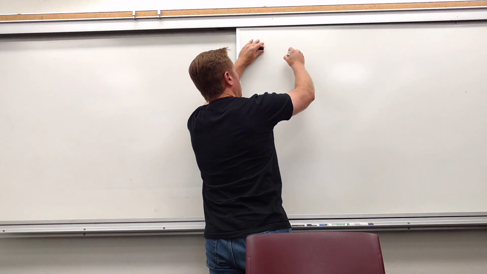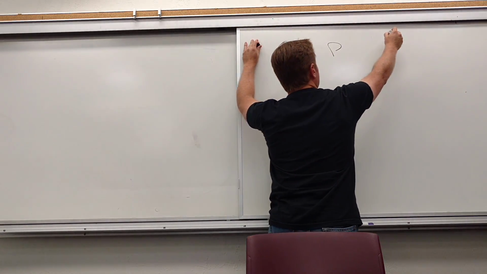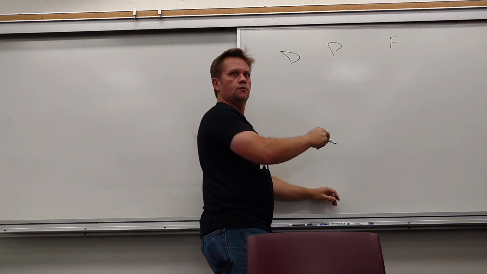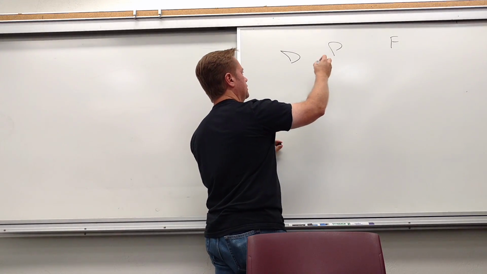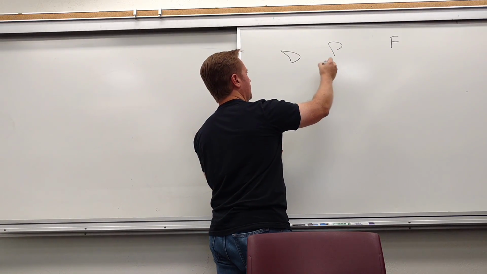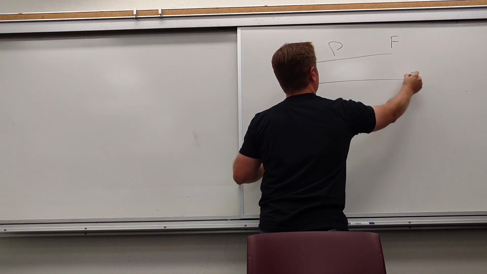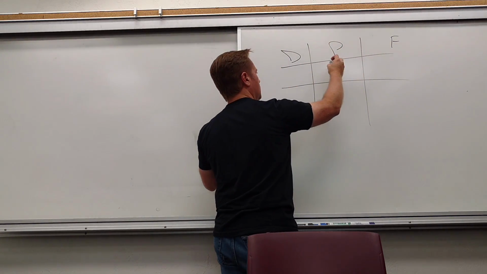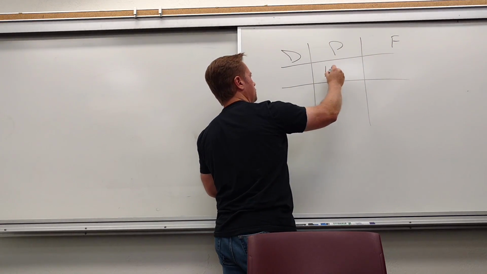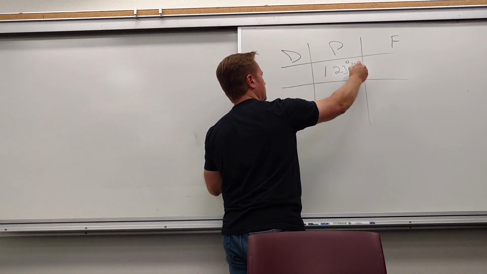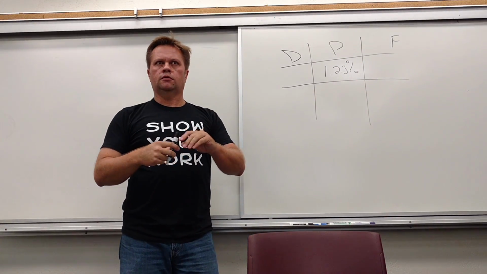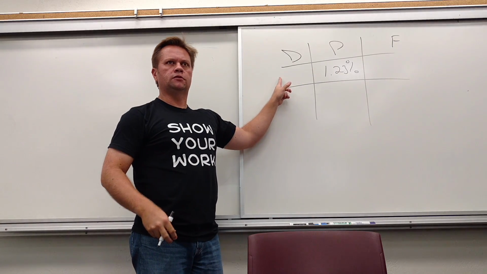So if I want to go from decimal to percent to fraction, this is that chart I gave you on the quiz. Let's say I've got a percent of 1.23%. How do I convert that to a decimal?